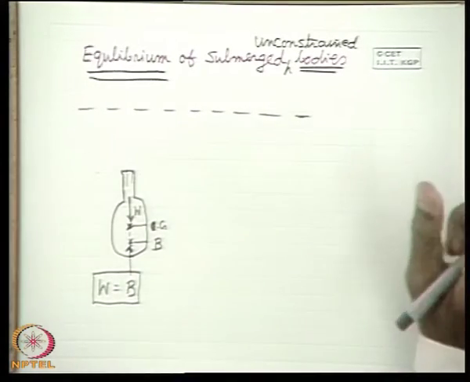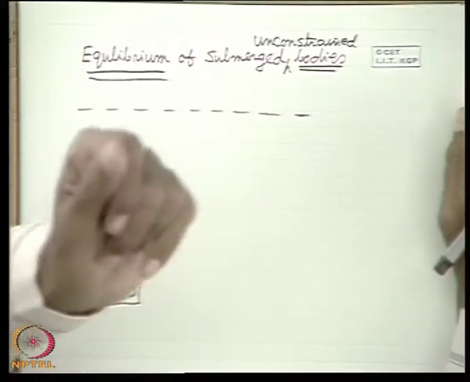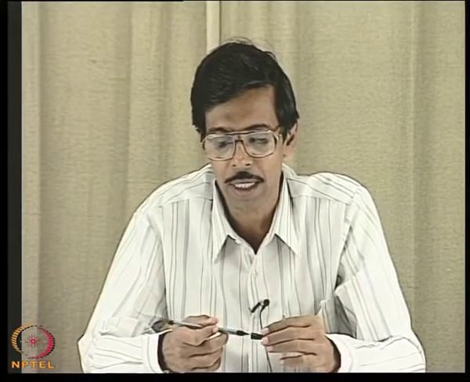Now, as you know, in mechanics there are three types of equilibrium: stable equilibrium, neutral equilibrium, and unstable equilibrium. We will discuss these in the next class.